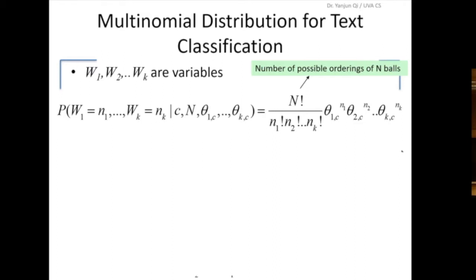Anyway, so what do we observe or try to estimate from data? If I want to estimate this multinomial distribution from the data, what is unknown?